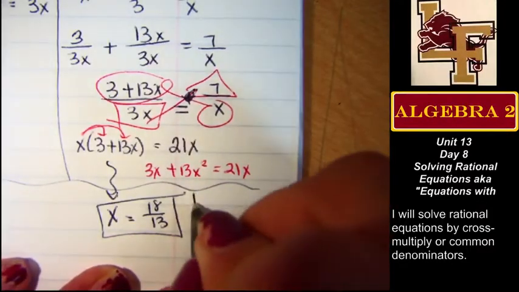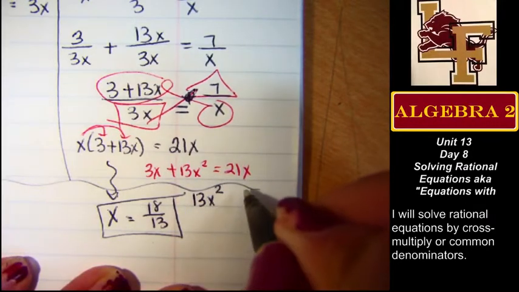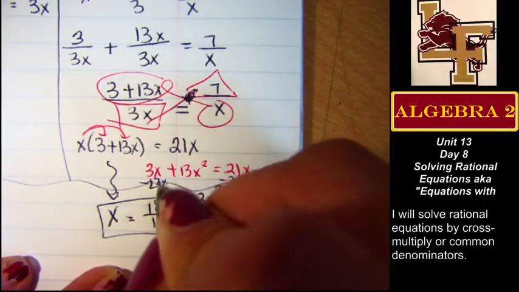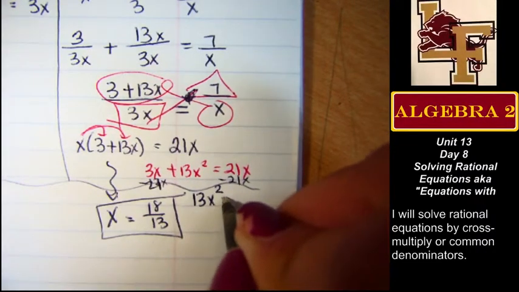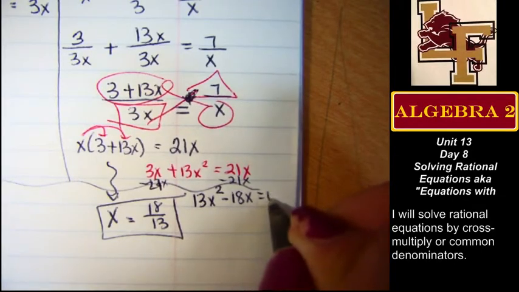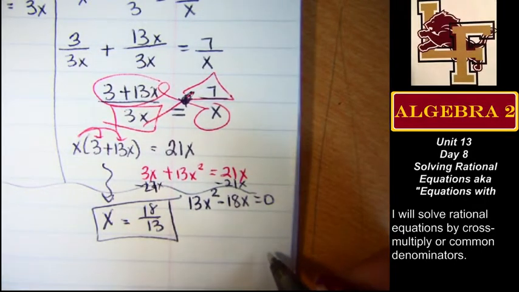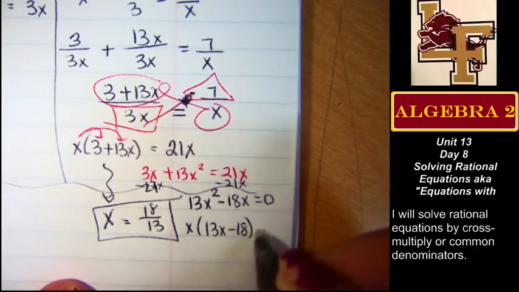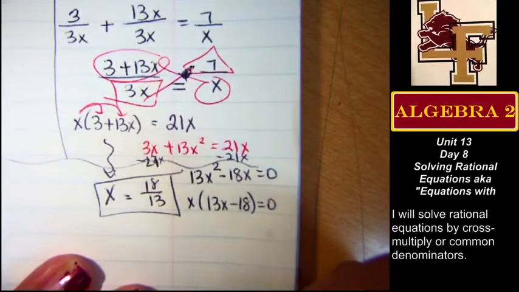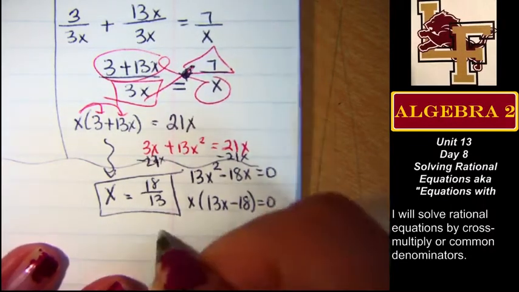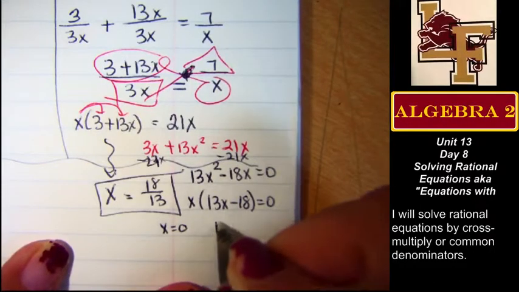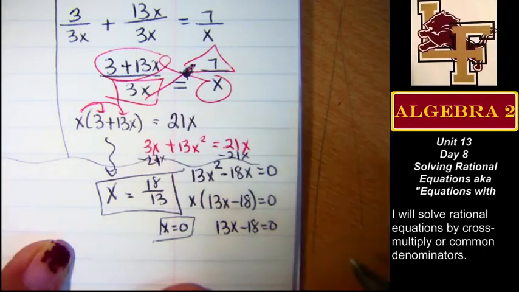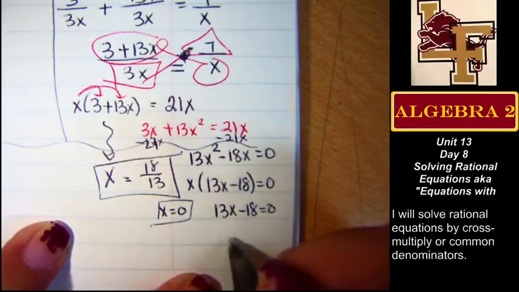All right, so from here, I would rewrite this and then maybe subtract 21 from both sides. So that's going to be negative 18. I'm going to factor this thing. I'm going to use the zero product property. This one's already solved. Now I'm going to look at this one.